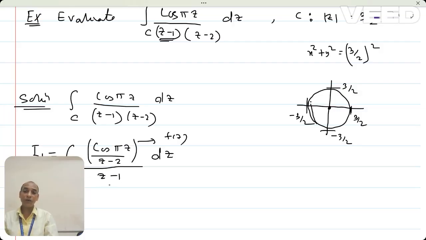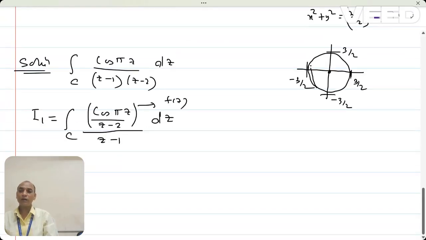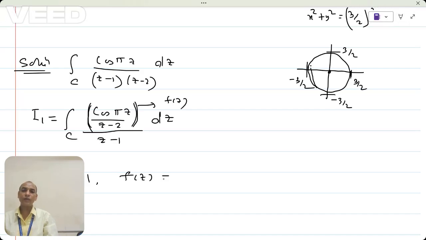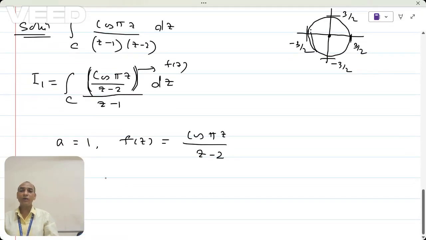Now let me check what is my a. a is nothing but 1. If a is 1, then the remaining thing will be my f of z. So I will consider f of z to be cos pi z divided by (z minus 2). Now is a equal to 1 lying inside or not?